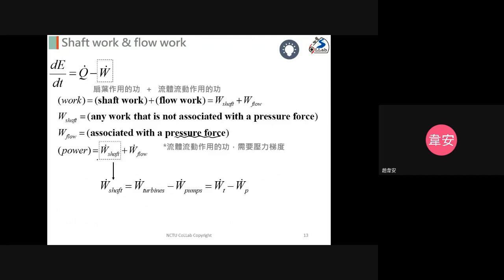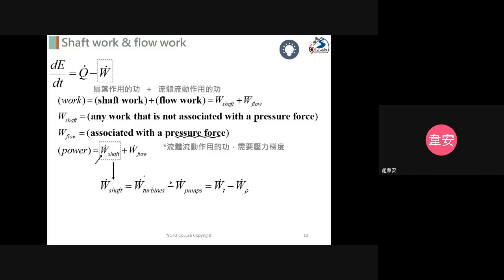So we first focus on the work for the shaft. We have to count the work related to the W shaft. One is the turbines, another is the pumps. As I mentioned, if W has a negative sign here, that means the energy from the pumps will be provided into the system.